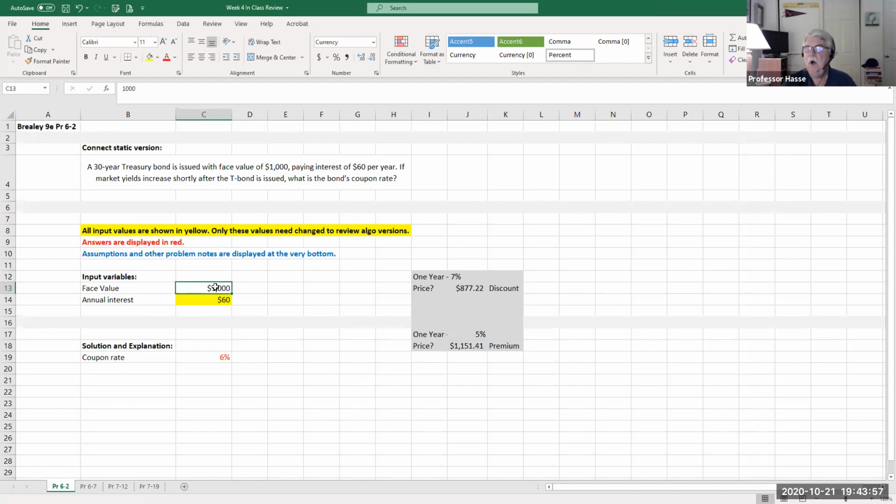Remember I said all bonds are in $1,000 denominations. And if it's $60, that's 6%. $60 is 6% of 1,000. So that's the bond's coupon rate, 6%.